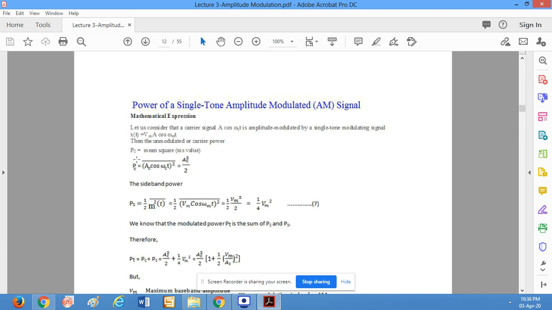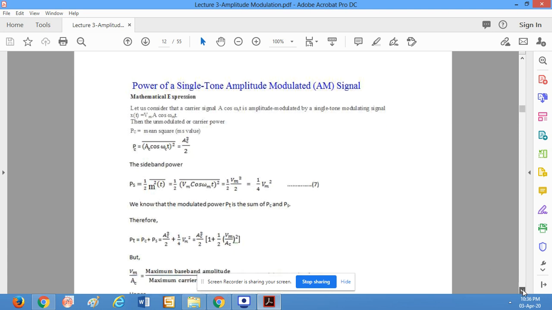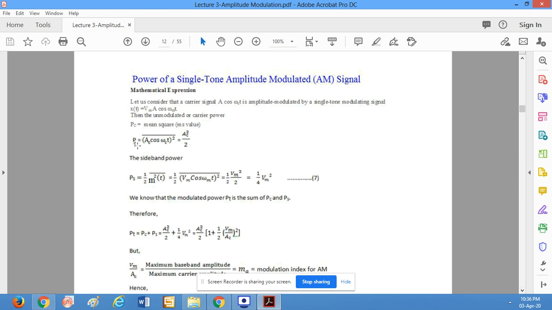Then the unmodulated or carrier power Pc is defined as the mean square value, or the average square value, of Ac cos(omega_c t), which is given by Ac square by 2. From circuit analysis, we already know that the mean square value is given as A square by 2.